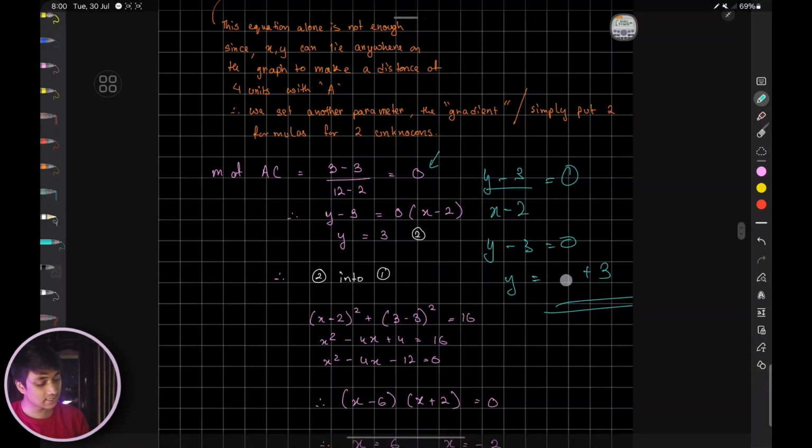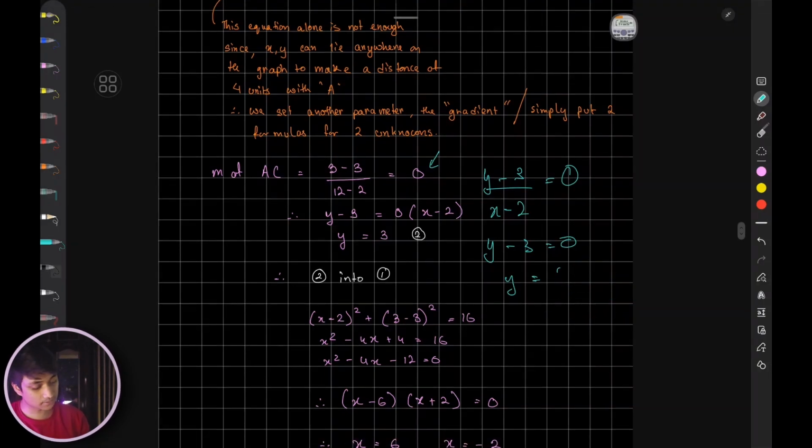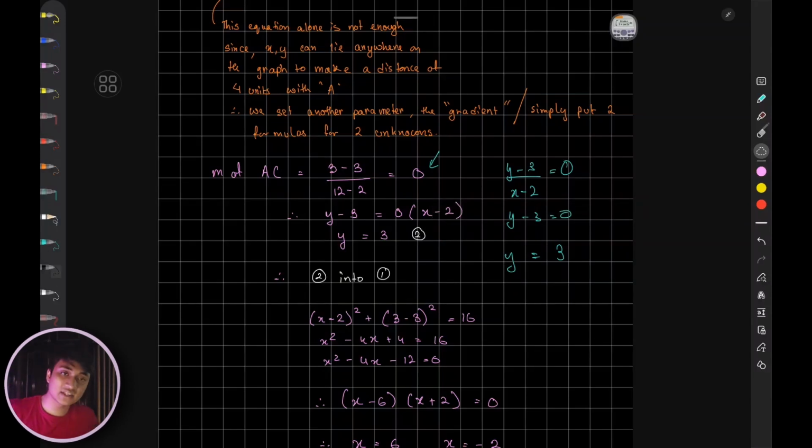But in our case, it's a horizontal line, which is why you get an expression without x. But anyway, this is going to help us as well. In all of the cases, you can apply the same formula and you will get the right answer. So this is our second equation.